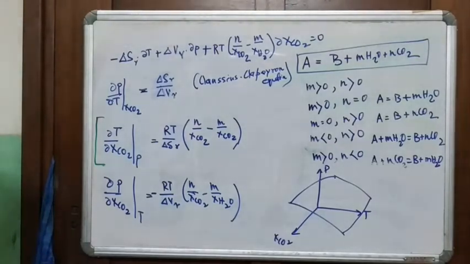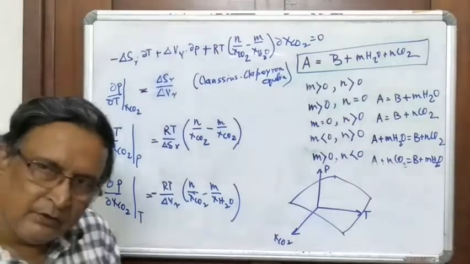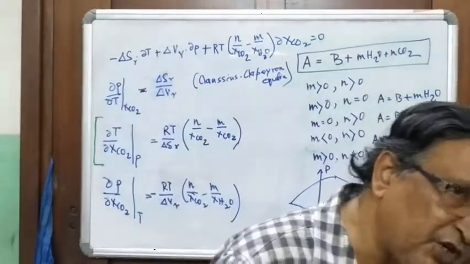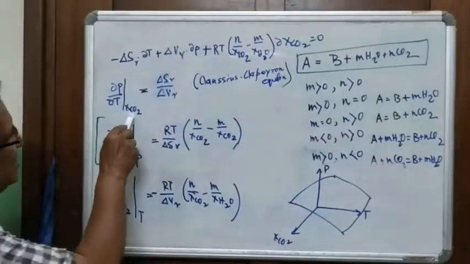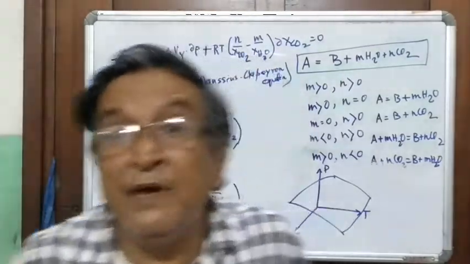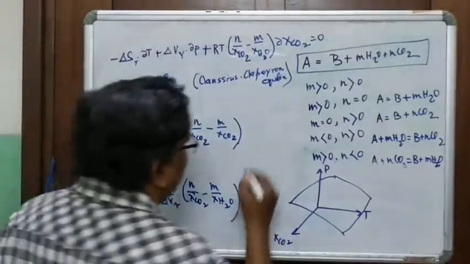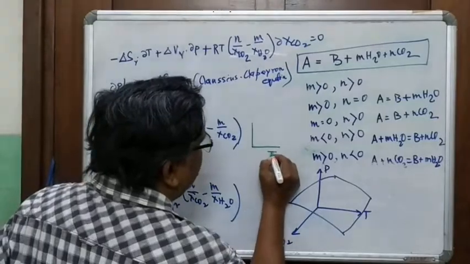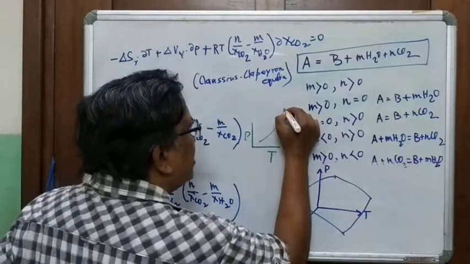You could also do it for changing pressure. You can also do it where X CO2 is constant and you look at the Clausius-Clapeyron slopes. That is normally what we do: we have a pressure-temperature diagram and draw a reaction.